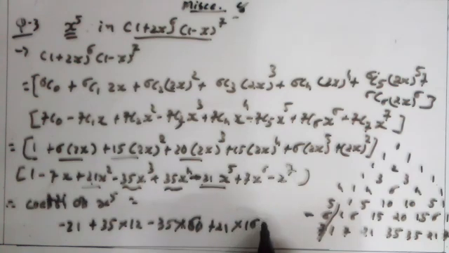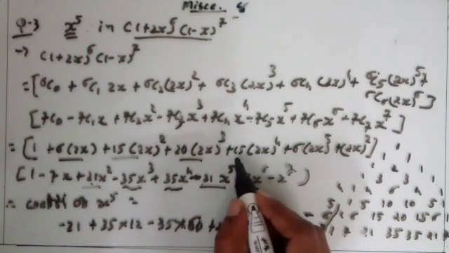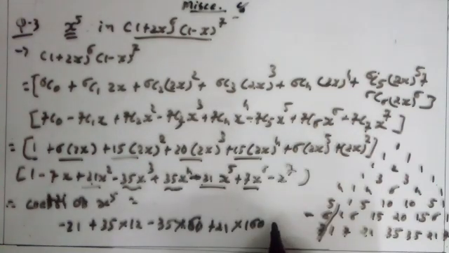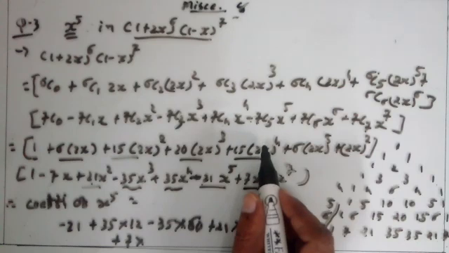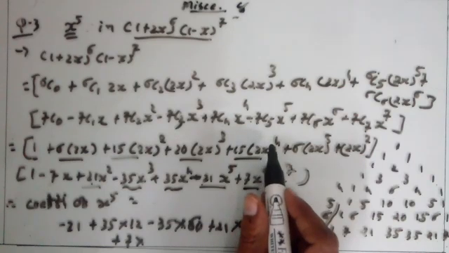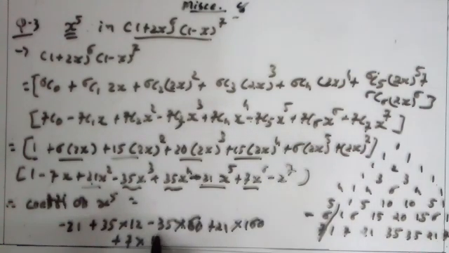Clear? And 7 into 2 raised to 4. So 7 into 2 square is 4, into 2 is 8, into 2 is 16. So 15 into 16. Okay.